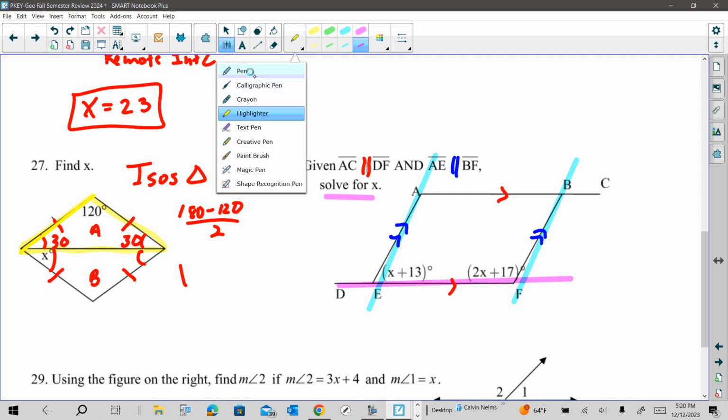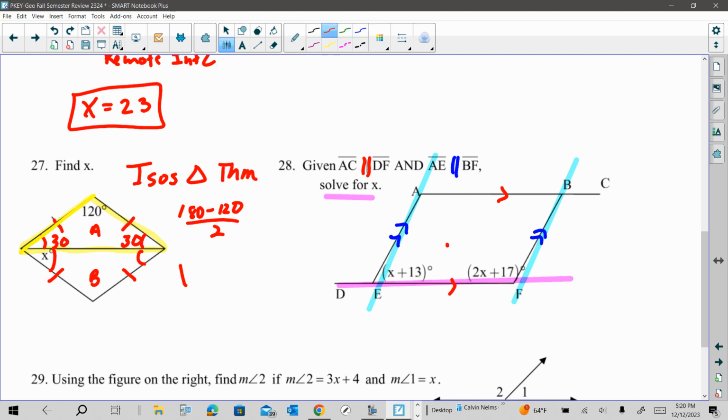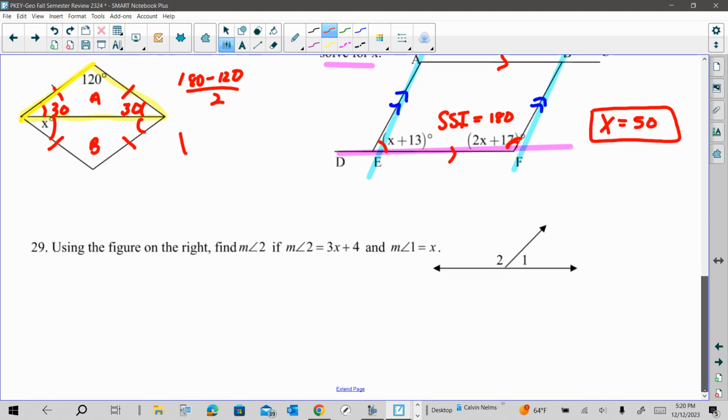And what you're going to have with that is same side interior angles equal 180. So we should be able to add these two angles, and they equal 180. You should end up with x equals 50 here. So check your work on that.